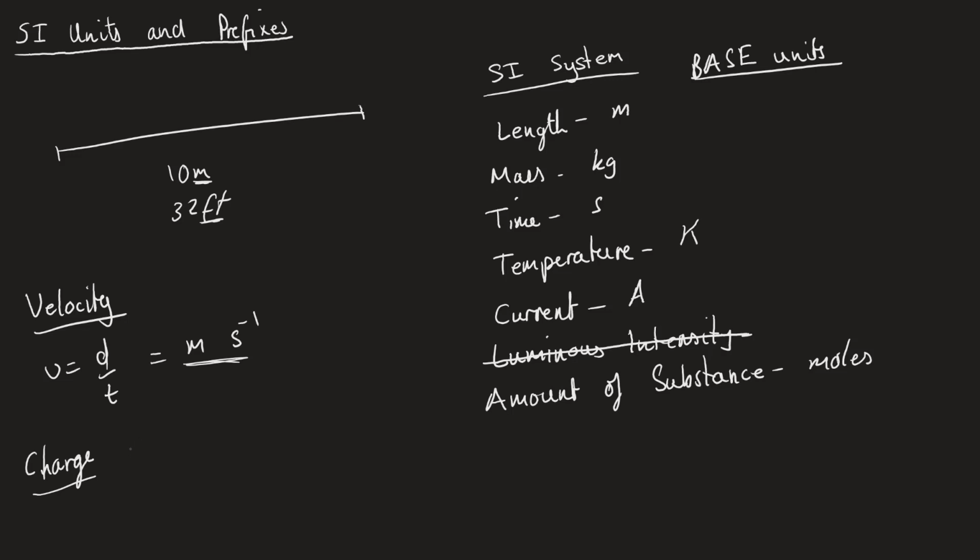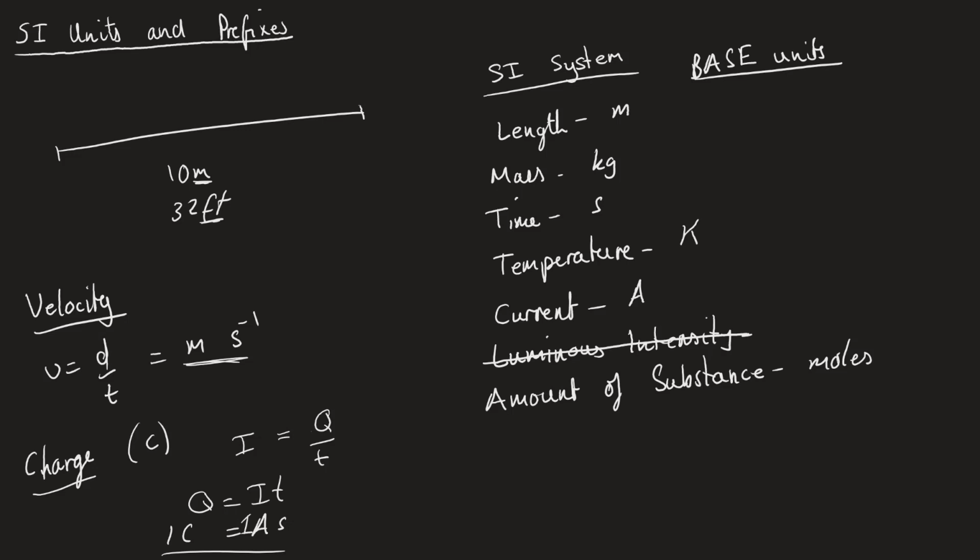Okay, the charge, we've said we're going to measure in coulombs. Okay, but if we think about what a coulomb actually is, we know that current is equal to charge over time. So the charge is equal to the current multiplied by the time. And so this is actually amp seconds. Okay, so 1 coulomb is actually the same as saying 1 amp second.